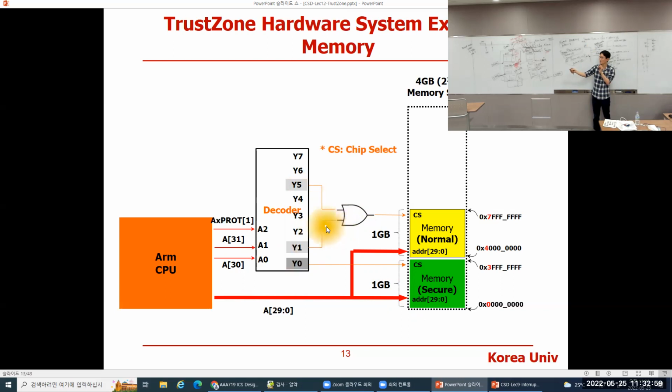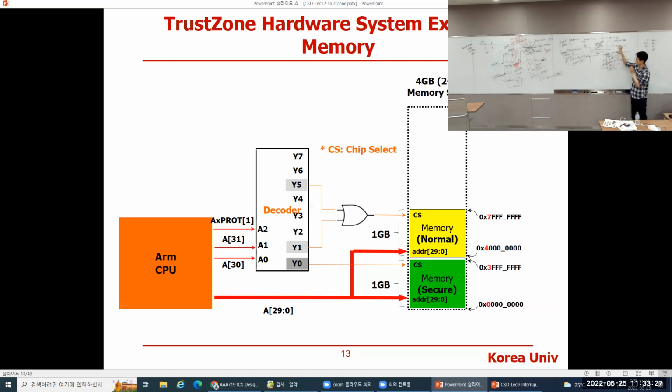That is connected to an OR gate. Either Y5 is asserted or Y1 is asserted, then you are selecting that memory. So that means you can access that normal world memory when you are in normal world or secure. That is hardware design. So you can make connections like that.